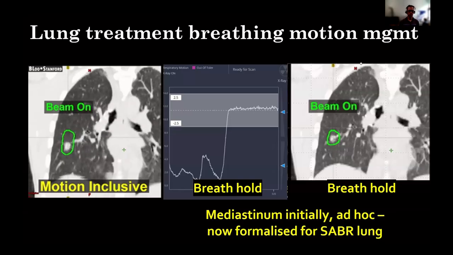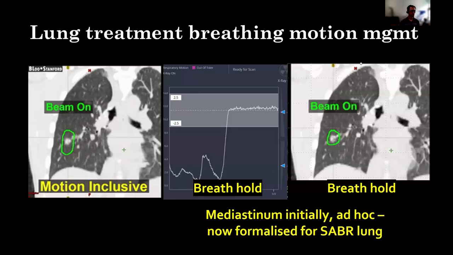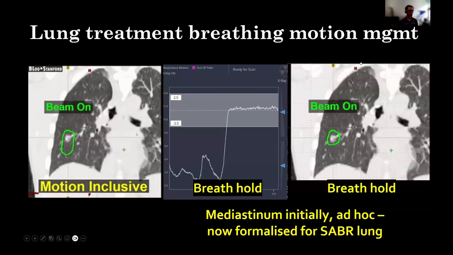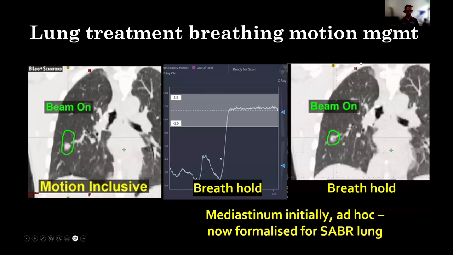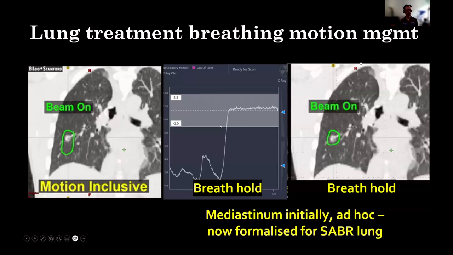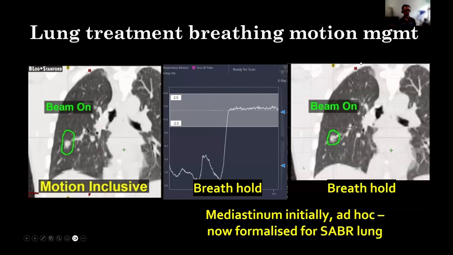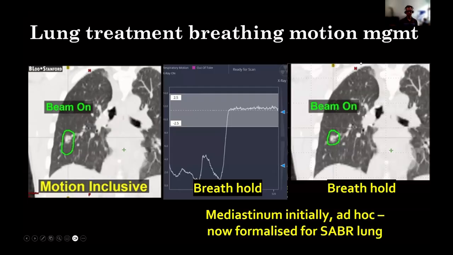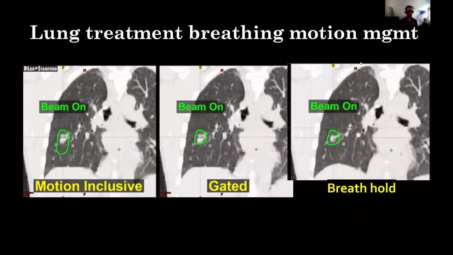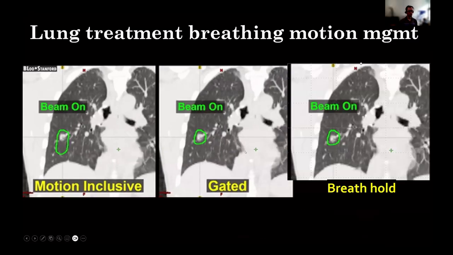So, as I said, latency measurements are very important if you're doing gating. That's something we're currently introducing for our lung patients. Previously, we always had done this motion inclusive, or ITV as it's normally known. And then with SGRT, we've introduced breath hold, and for where a patient can't manage breath hold, because of course some lung patients cannot, we've more recently been working on gating.